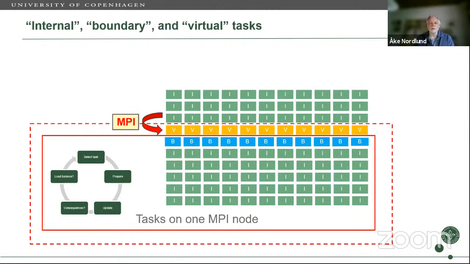They get it simply from the fact that the boundary cells of that other node exist in a copy. We call these virtual tasks. The virtual tasks are simply mirror images of tasks on other nodes. This simplifies programming a lot because you don't have to do anything special for tasks on the boundary. They can just pick the values they need from the task next to them, with exactly the same code that it would use internally to get neighbor information.